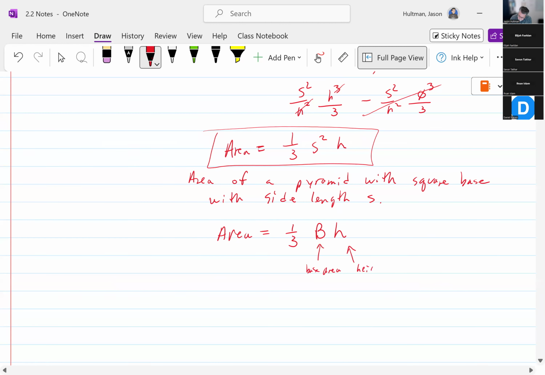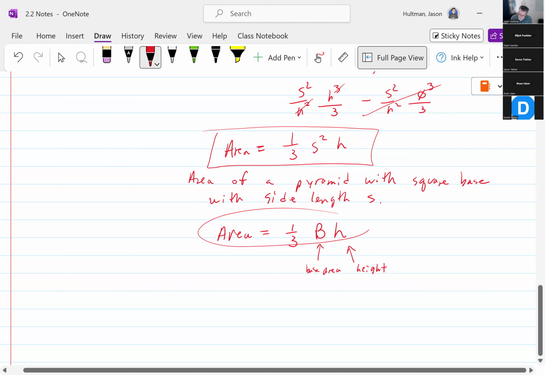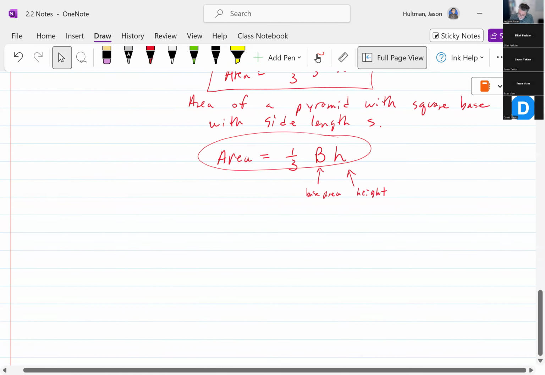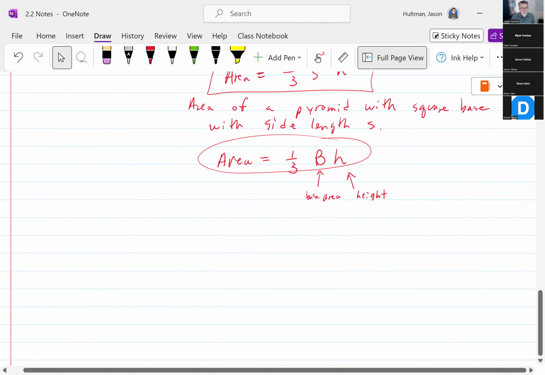H is the height. So it does kind of line up with what I learned in geometry. Okay, any question on number 1?